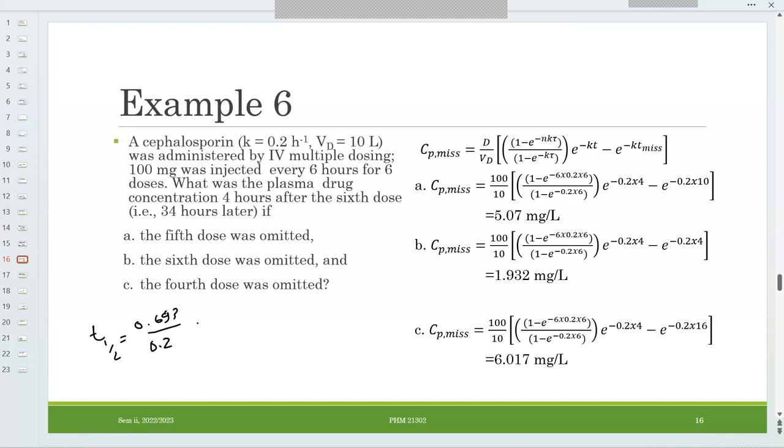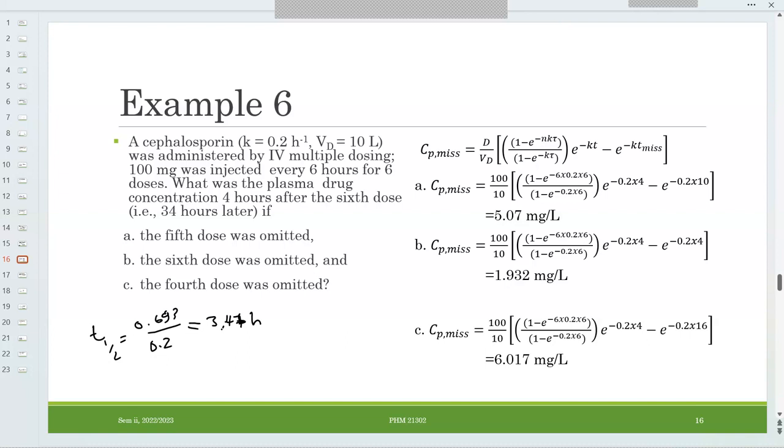So how much is the half-life? It equals 3.46 or 3.47 hours.